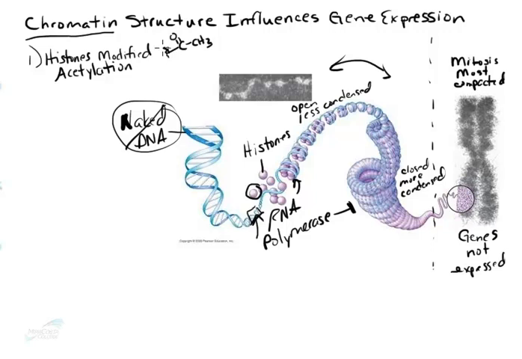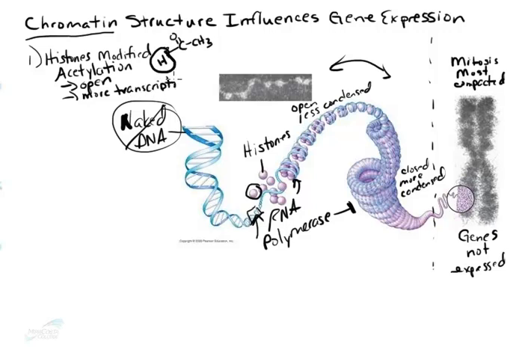And if you add that acetyl group onto a histone protein, then it changes the interaction of DNA with those histones. It changes the structure of chromatin, and actually leads that chromatin to become more open, and therefore to allow more access by RNA polymerase to the promoter sequences and more gene transcription.